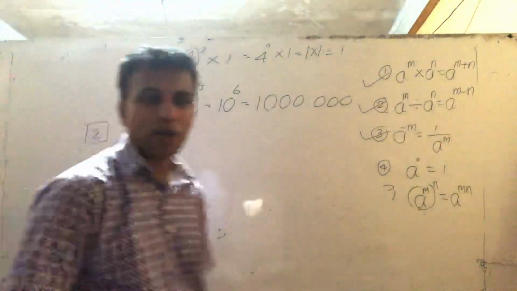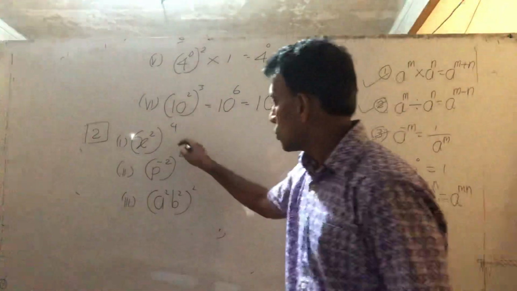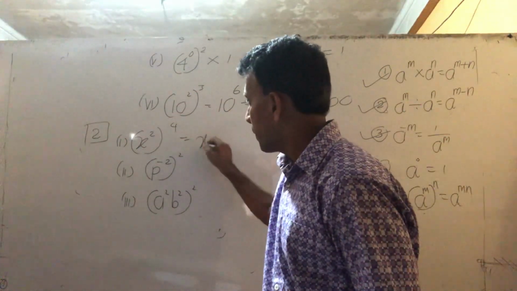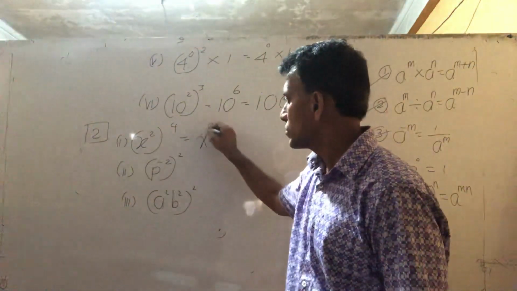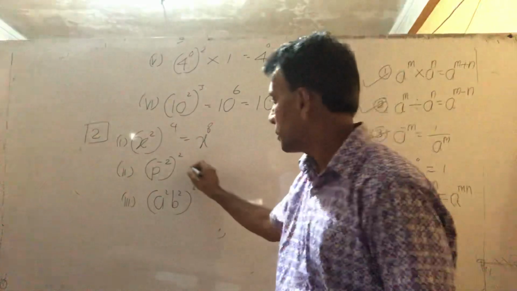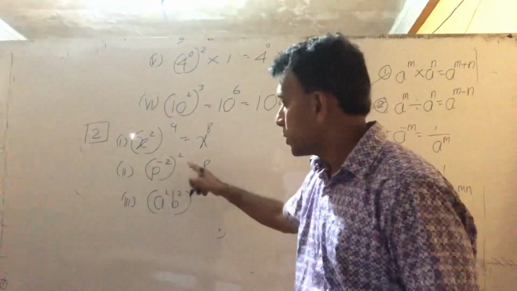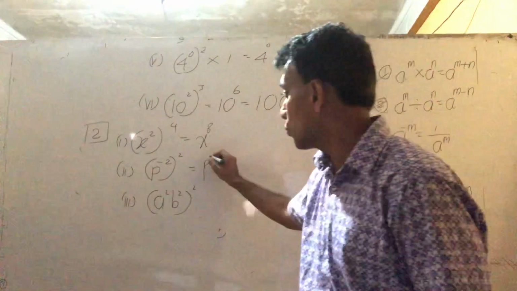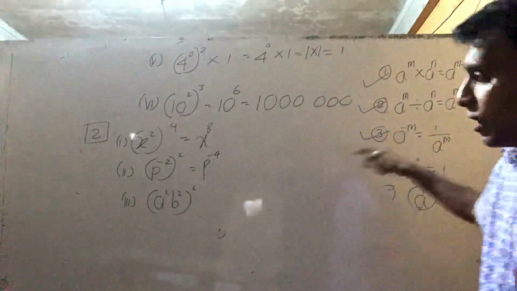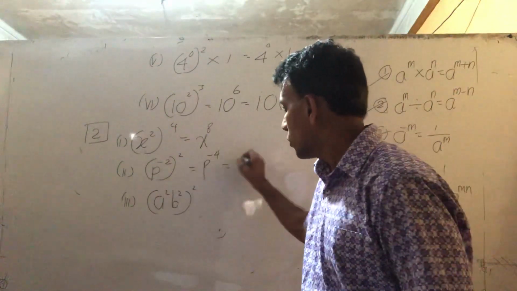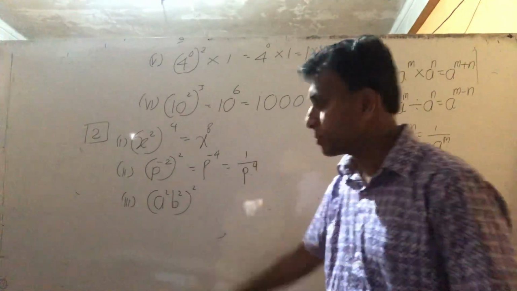So simplify this using the power of a power rule, and some other parts also. x to the power of a power, multiply: 2 times 4, 8. And here p to the power of a power, multiply: 2 times 2, 4, so minus 4. But we won't give the minus power, we have a rule already. Reciprocal: 1 over p to the power 4, right?